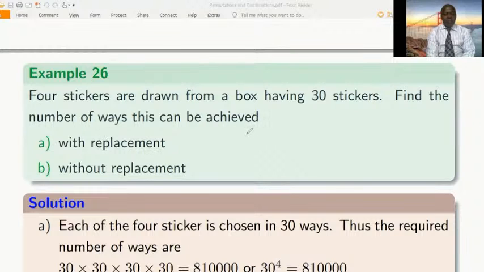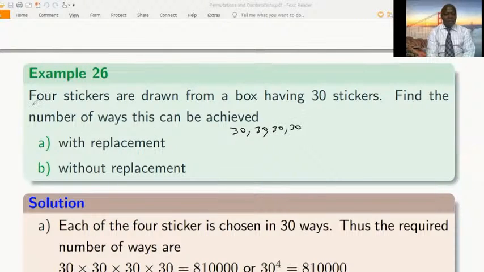Every time you draw and replace, so the first time you insert your hand in the box, you have 30 stickers. You draw 1 and then replace it. So the second time you draw, you have again 30 in the box. Then replace, you go the third time, there are 30. Then replace, you go the fourth time, there are still 30.